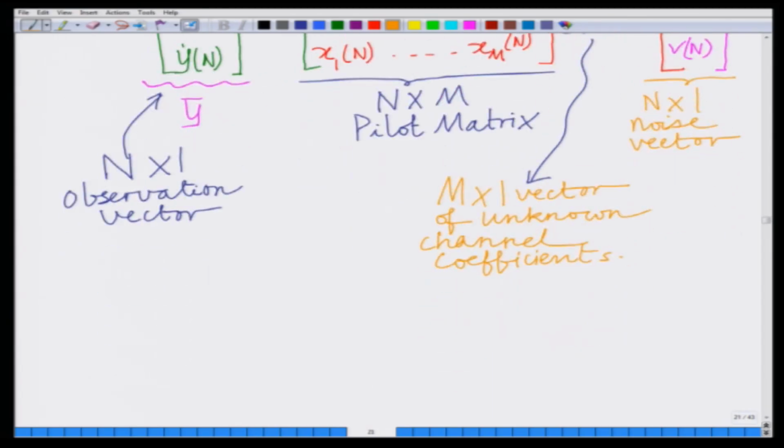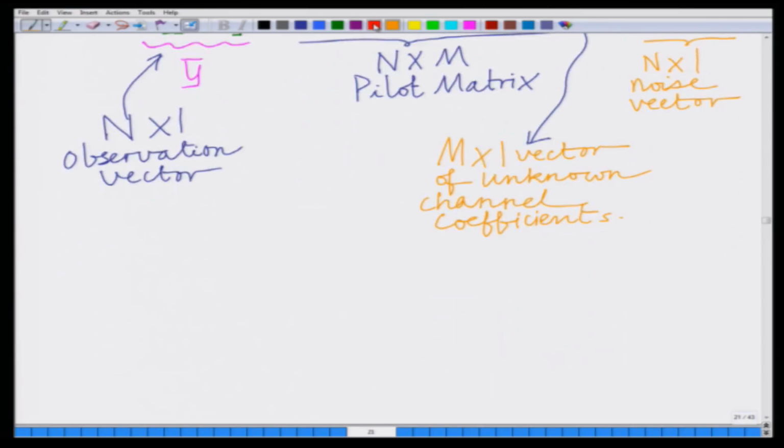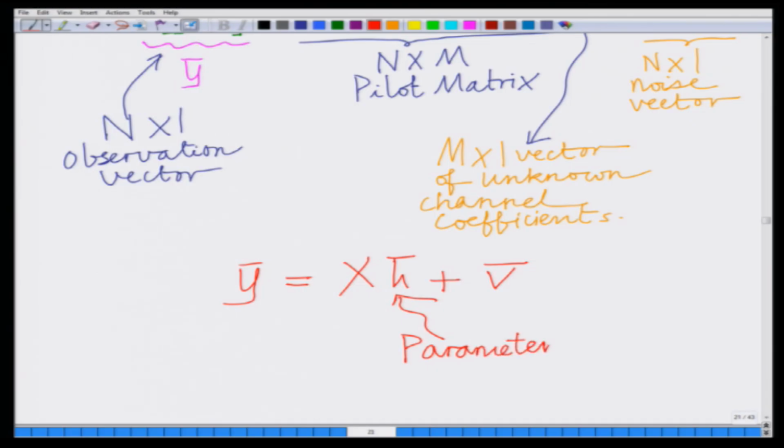And then we had said this system model can therefore be written as y bar equals X times h bar, which is the unknown channel vector or the parameter vector to be estimated, plus v bar. So this is the parameter vector which has to be estimated.